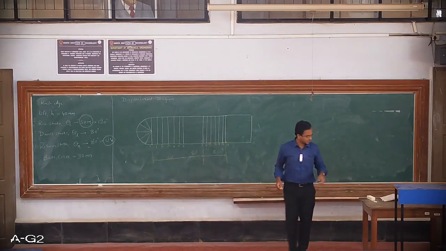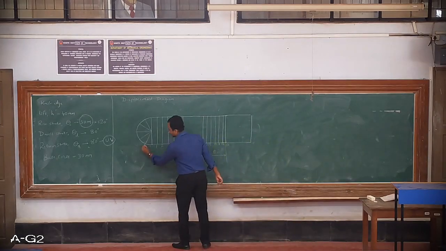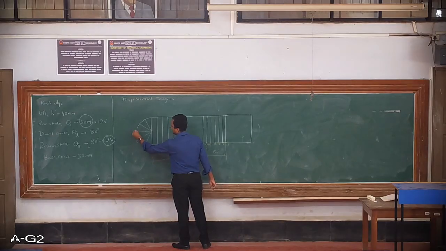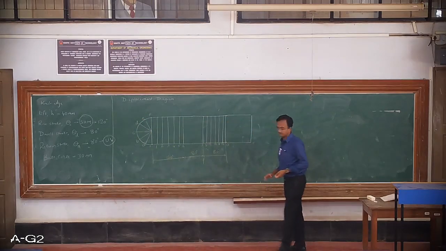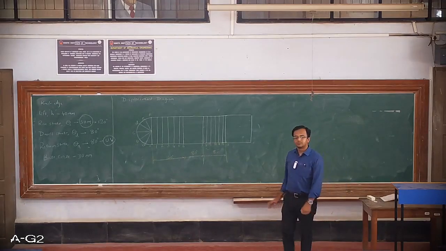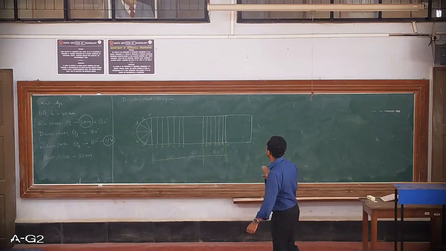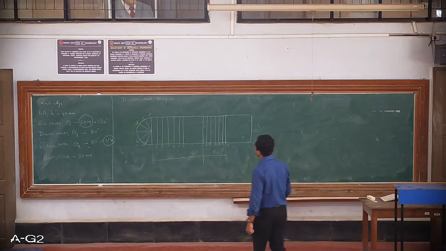And I will label them with small alphabets, say A, B, C, D, E, and this will be F. Draw a semicircle, divide the semicircle into 6 parts and label them with small alphabets.